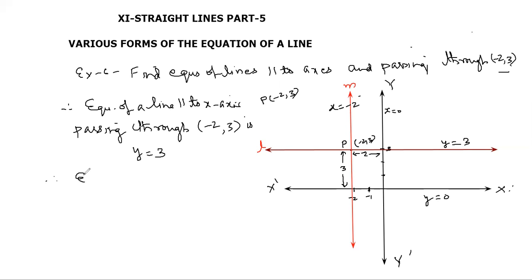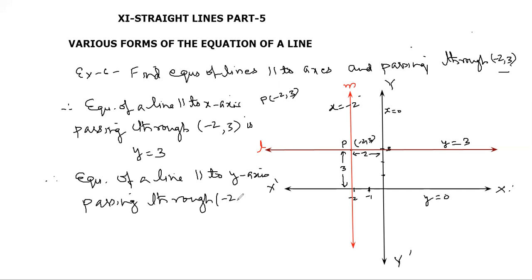Second answer: the equation of a line parallel to the y-axis passing through -2, 3 is x is equal to -2.